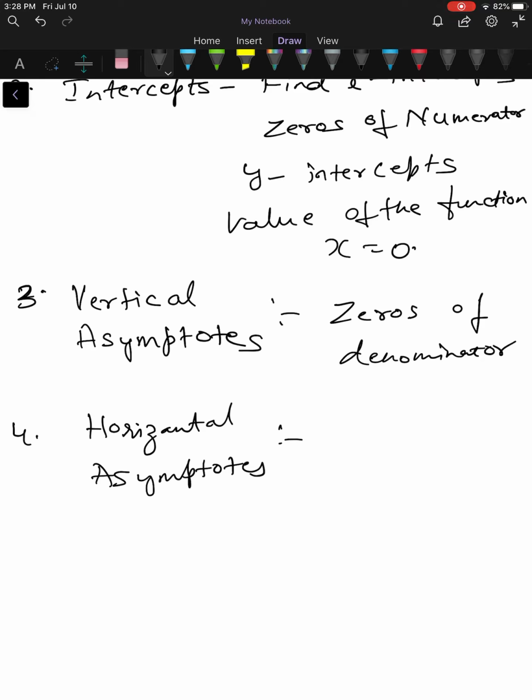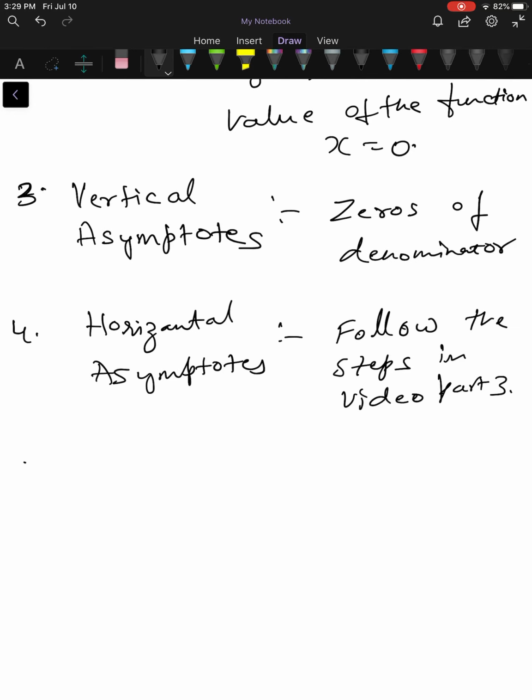If the degree of the numerator is less than the degree of the denominator, then the horizontal asymptote is y equals 0. And if the degree of the numerator is greater than the degree of the denominator, the function doesn't have any horizontal asymptote, right? So follow the steps in video part 3 to find the horizontal asymptotes.